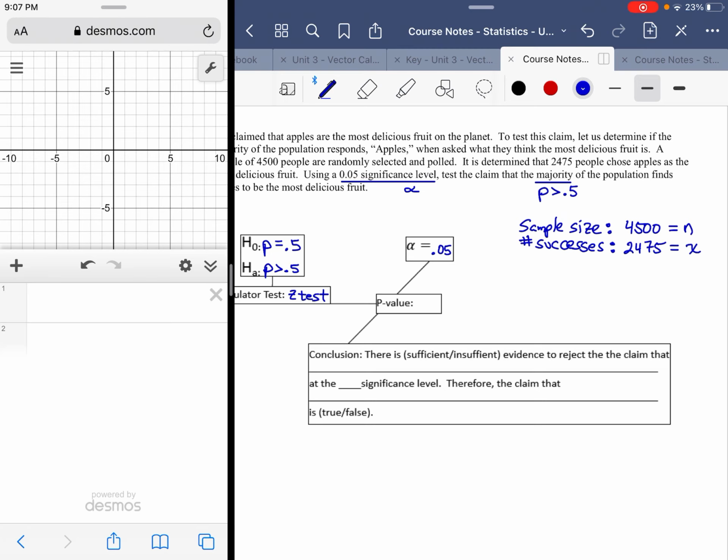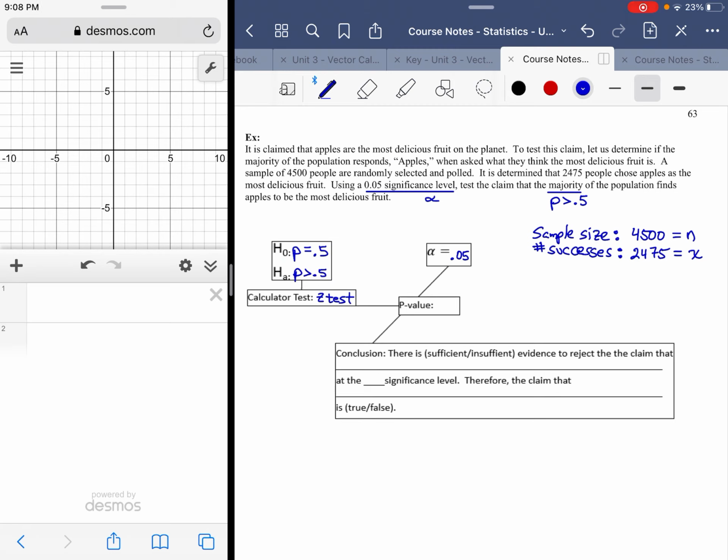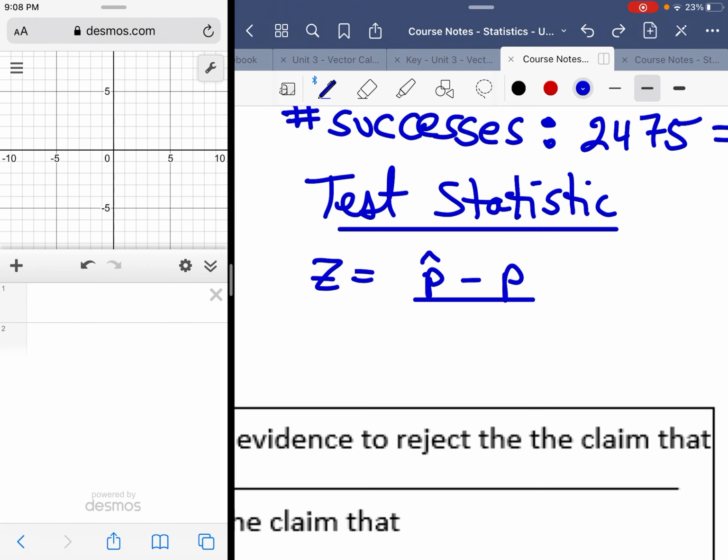So what we can get from this is a few things, but most importantly, we can get a test statistic. The test statistic comes from the formula z is equal to p hat minus p over the square root of pq over n.